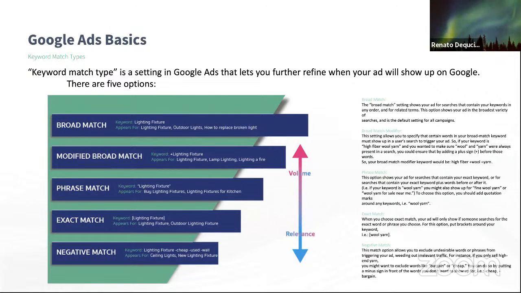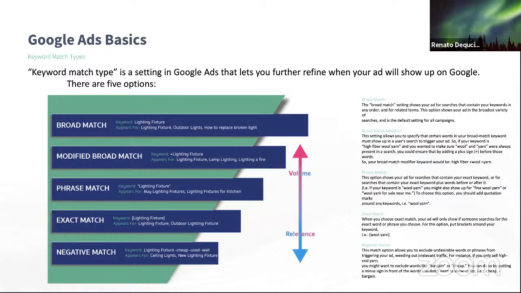In the modified broad match, you're now wanting to be a little bit more specific on the lighting side, so you add a plus in front of it. And as you can see, it becomes a little bit more focused in who you're presenting your ad to. And then the phrase match, you put your phrase or your words in inverted commas, and it becomes a lot more specific.